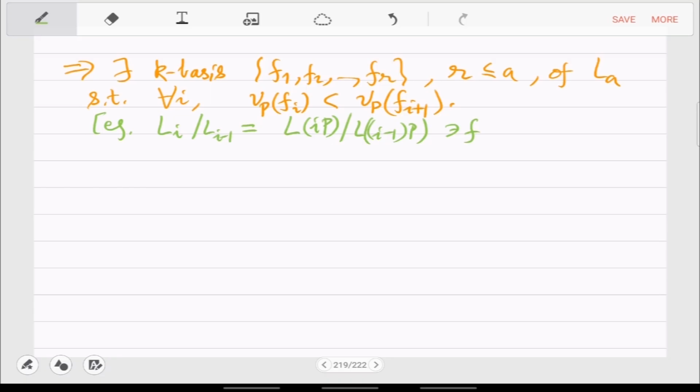So now valuation, which way is it? F2 will have a bigger valuation.